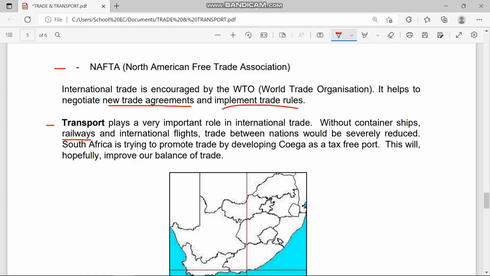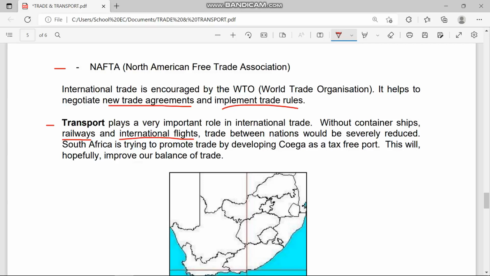Without this infrastructure, without these different kinds of transport, we wouldn't be able to transport our goods and services from our country to sell them or to import them from different countries. That's why transport is vital in terms of trading.